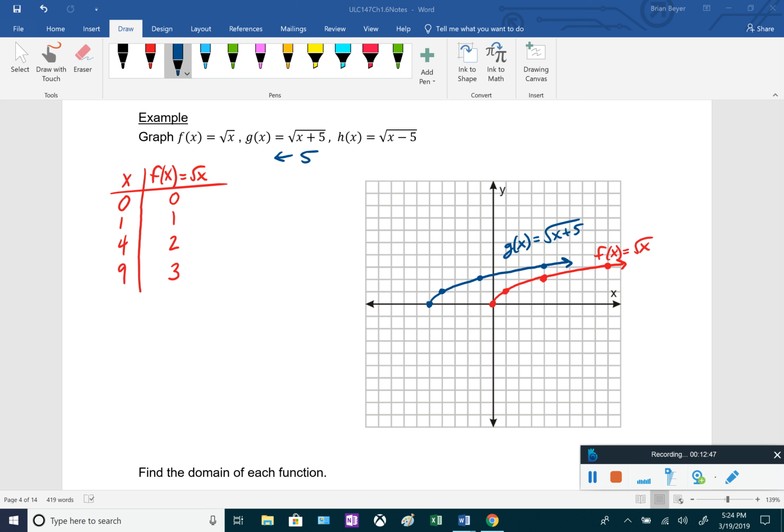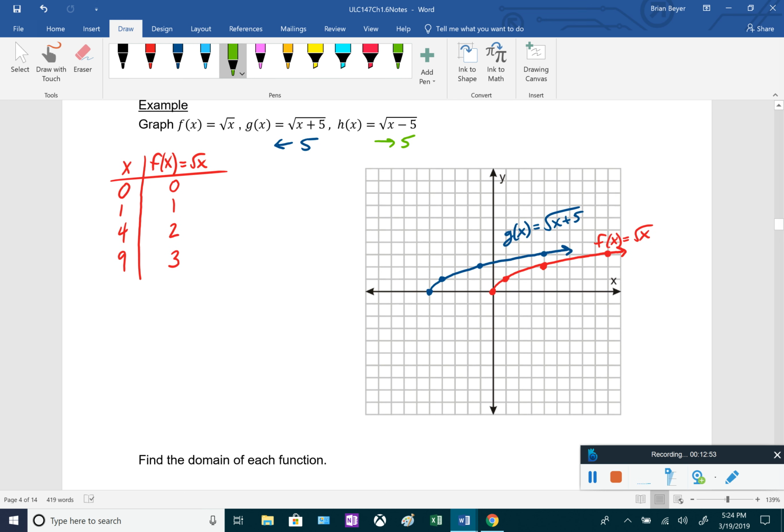And then the square root of x minus 5, it's minus 5, so it's to the right 5 units. So moving f of x coordinates to the right 5 units. I'm not going to be able to fit every coordinate on here, and it looks something like that.